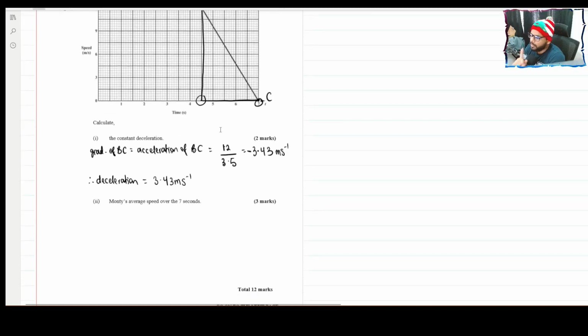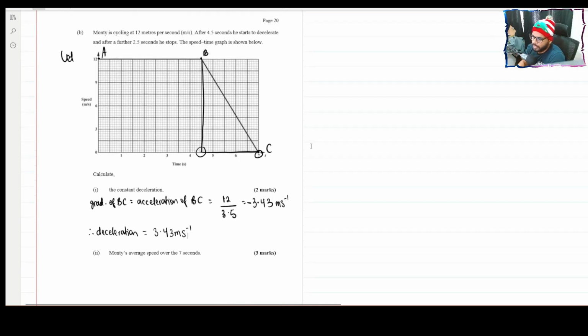Monty's average speed over the 7 seconds. So the average speed is the total distance traveled. Your formula is very important, divided by total time taken.